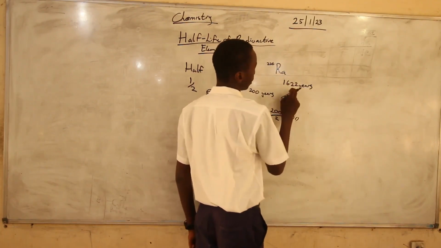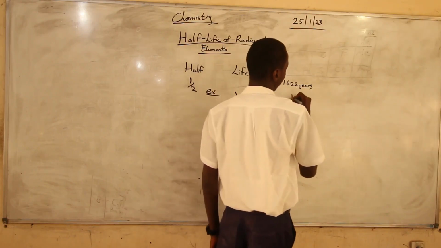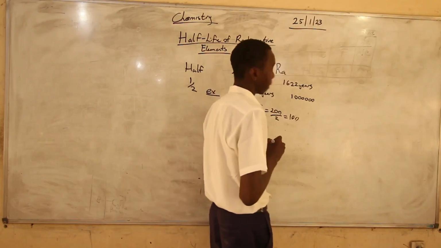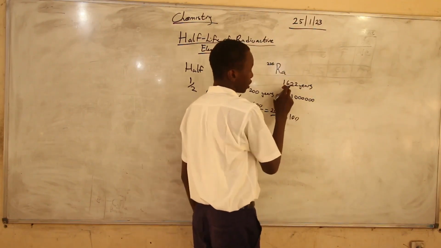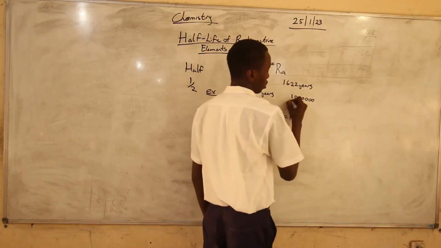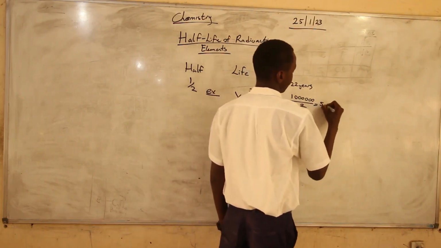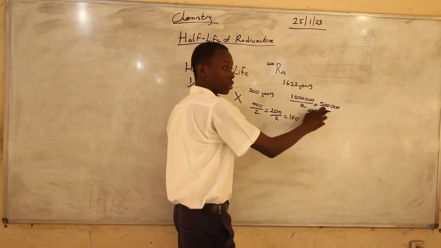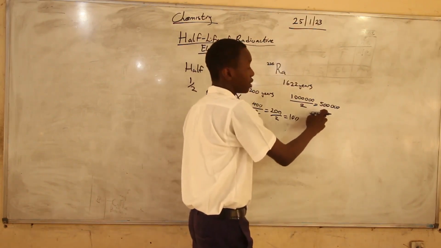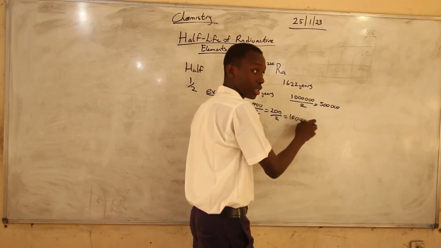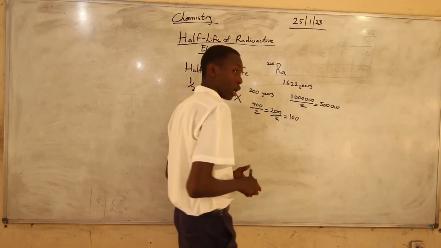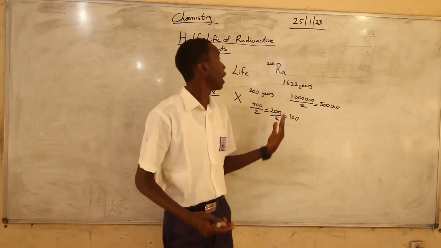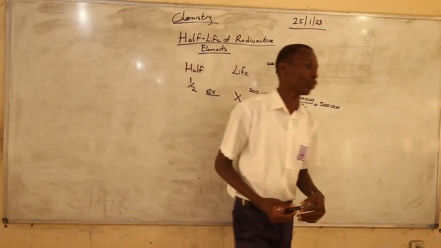So if at the beginning we have 1,000,000 atoms, at the end of 1622 years we'll have 500,000 atoms left, which means the remaining 500,000 have been disintegrated or decayed. So I'll invite my co-speaker to come give you more emphasis on the half-life of radioactive elements.